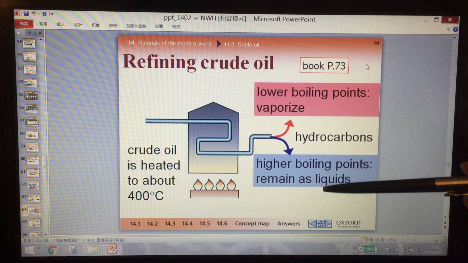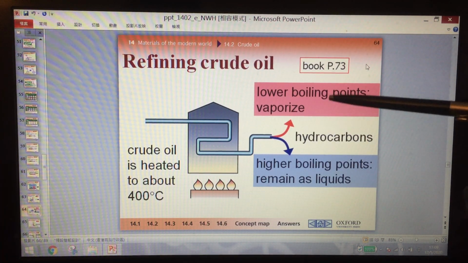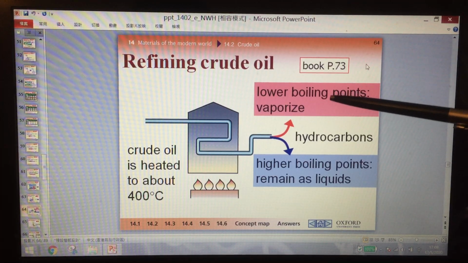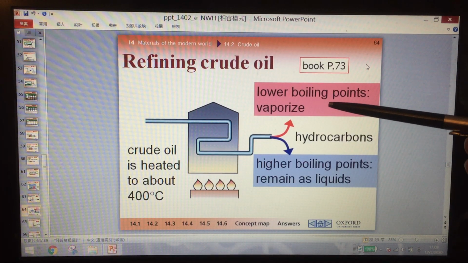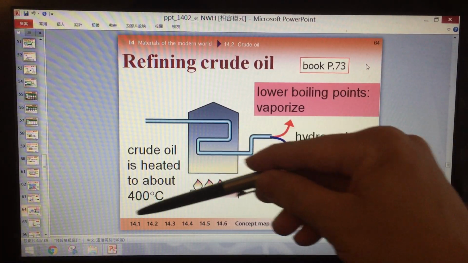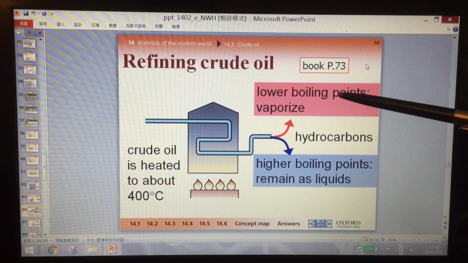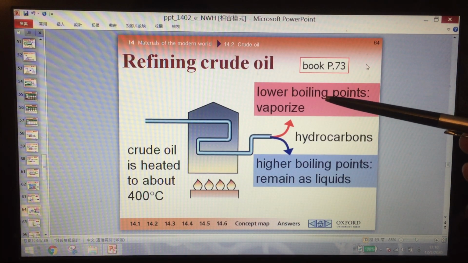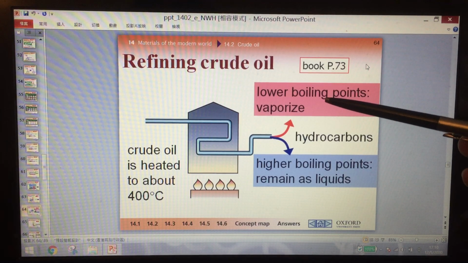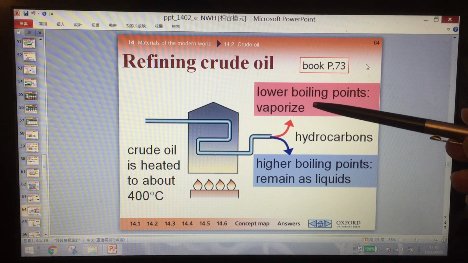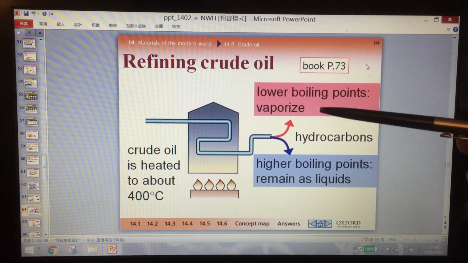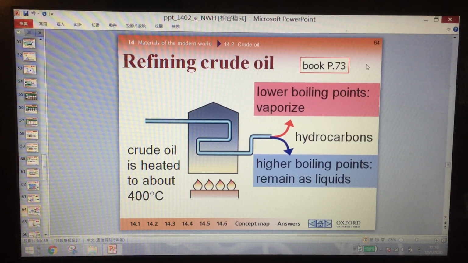They will go down as liquid. But for large, medium, or small size molecules, this temperature is too high for them, and they are no longer liquid. They will vaporize and become gas, and then they will go up the tower.